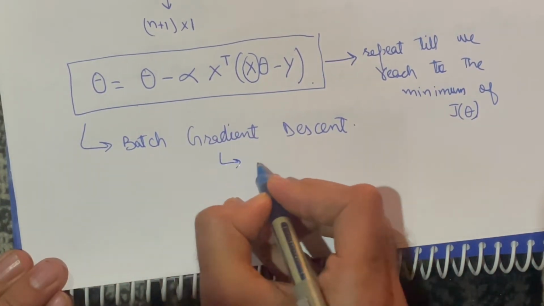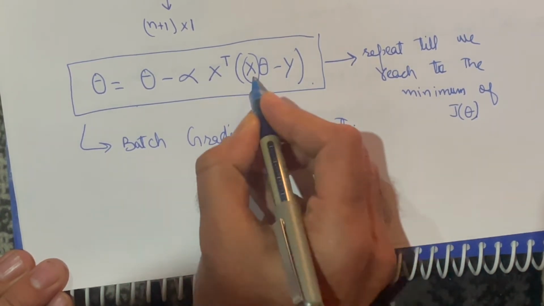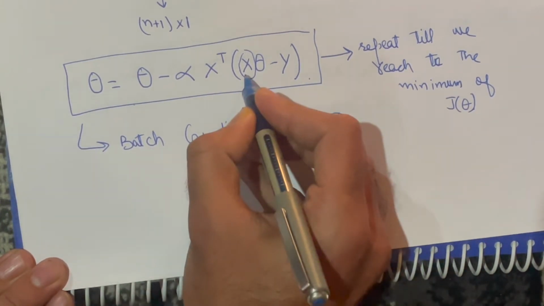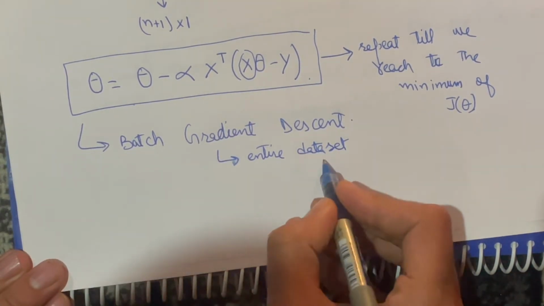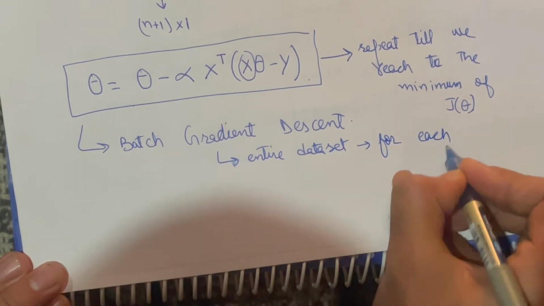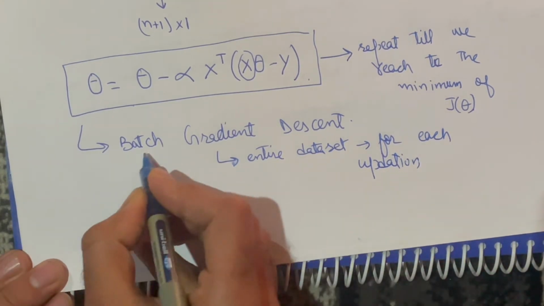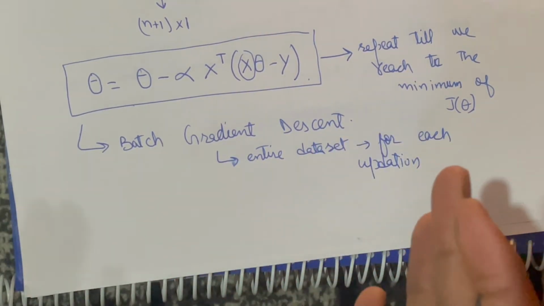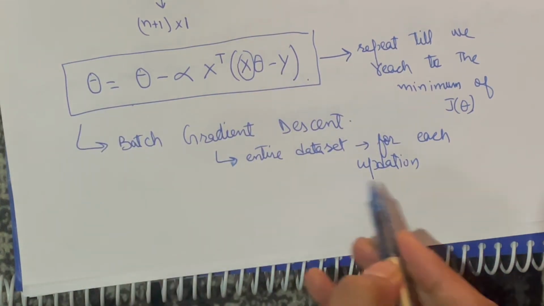We require the entire data set because we are using the entire x here. So we require the entire data set for each updation. That is why it is also called batch gradient descent. We are using the complete batch of data to do one updation.